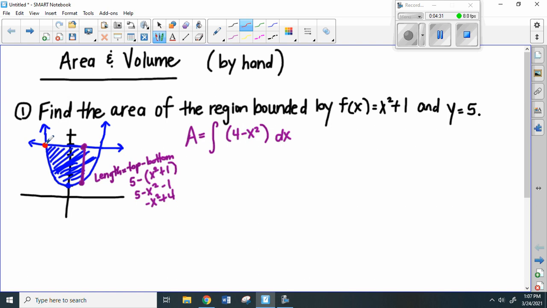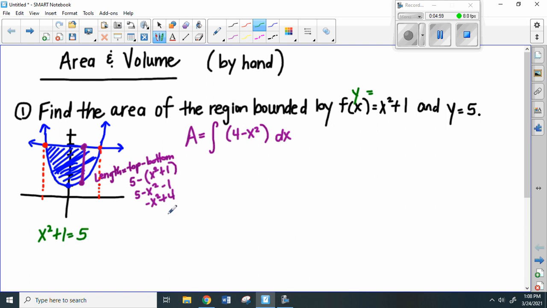So the furthest to the left would be whatever x value lines up here, and the furthest to the right would be whatever x value lines up here. So how do we find those? Because that is also something you will need to be able to find by hand, right? Well, it happens to be where those two graphs intersect each other, and since both are technically y equals, then I can set them equal to each other, and then I can solve.